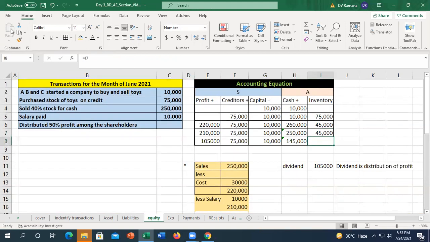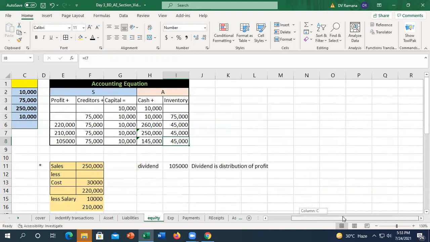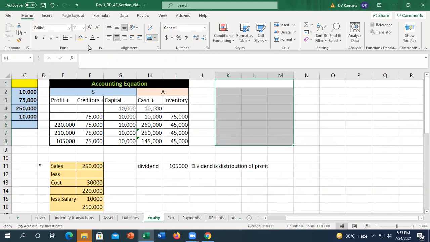And no change in the inventory. So therefore, you can see that the company's profit has come down because the company has decided to distribute the profit among the shareholders.